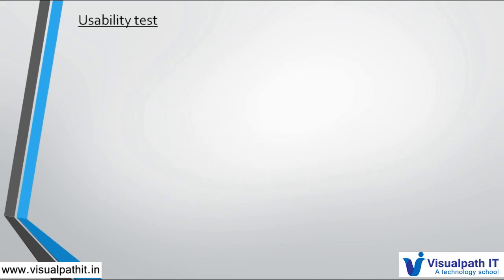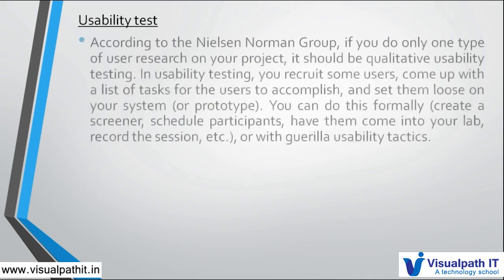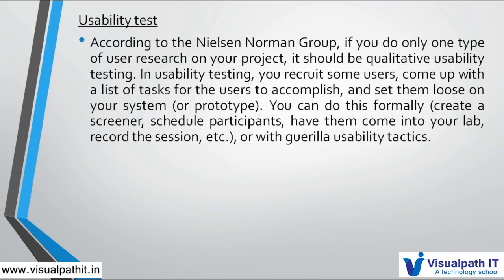Next is usability testing. According to the Nielsen Norman Group, if you do only one type of user research on your project, it should be qualitative usability testing. In usability testing, you recruit some users, come up with a list of tasks for the users to accomplish, and set them loose on your system or prototype.